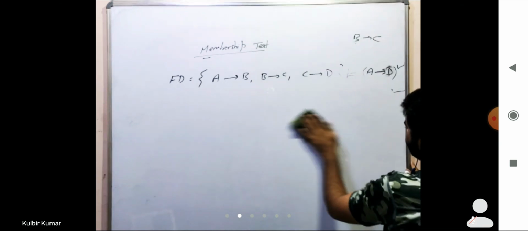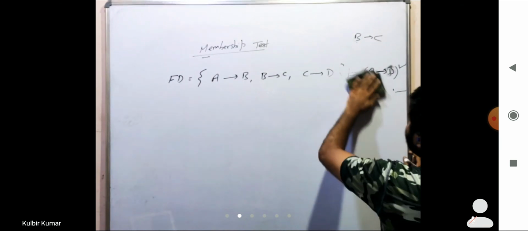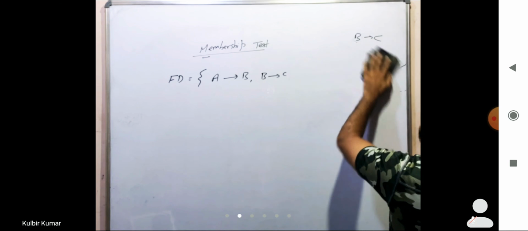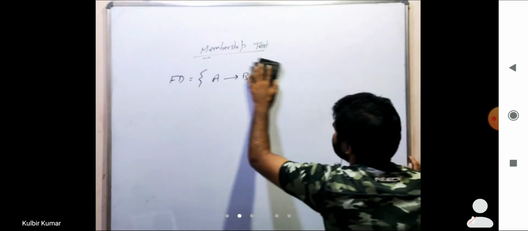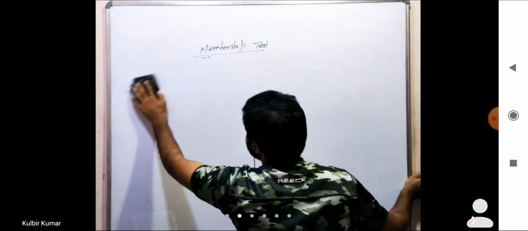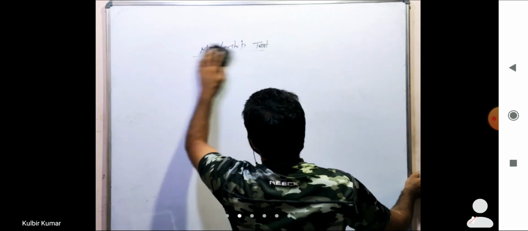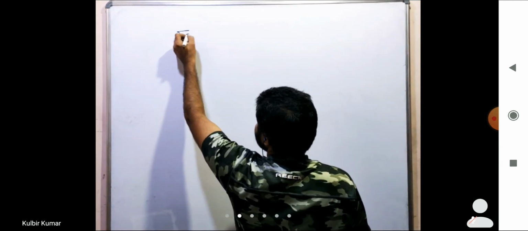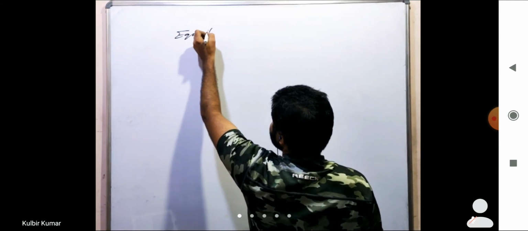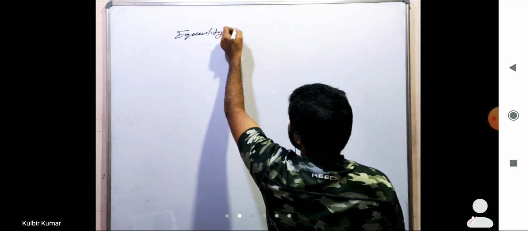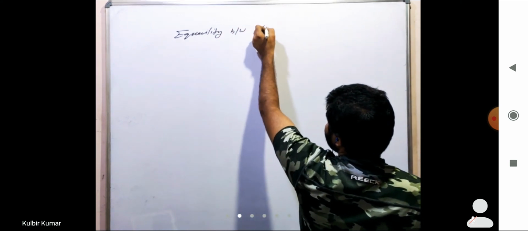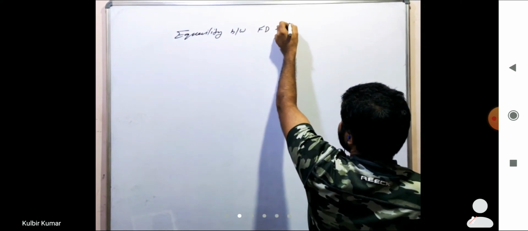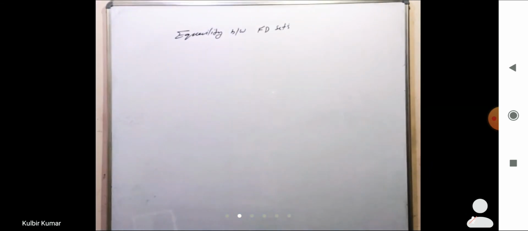So the next thing is equality between the functional dependency sets.